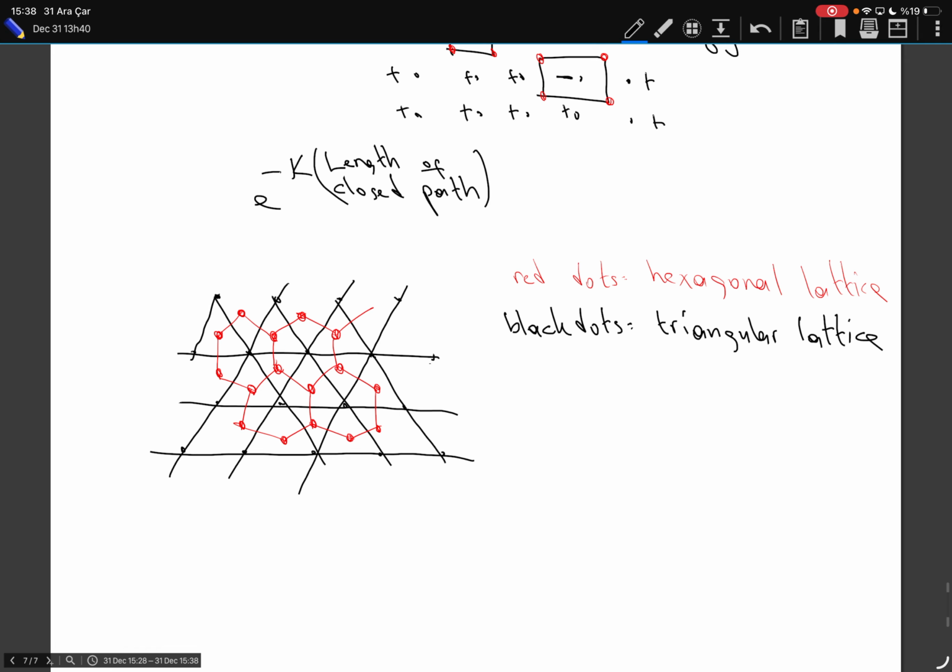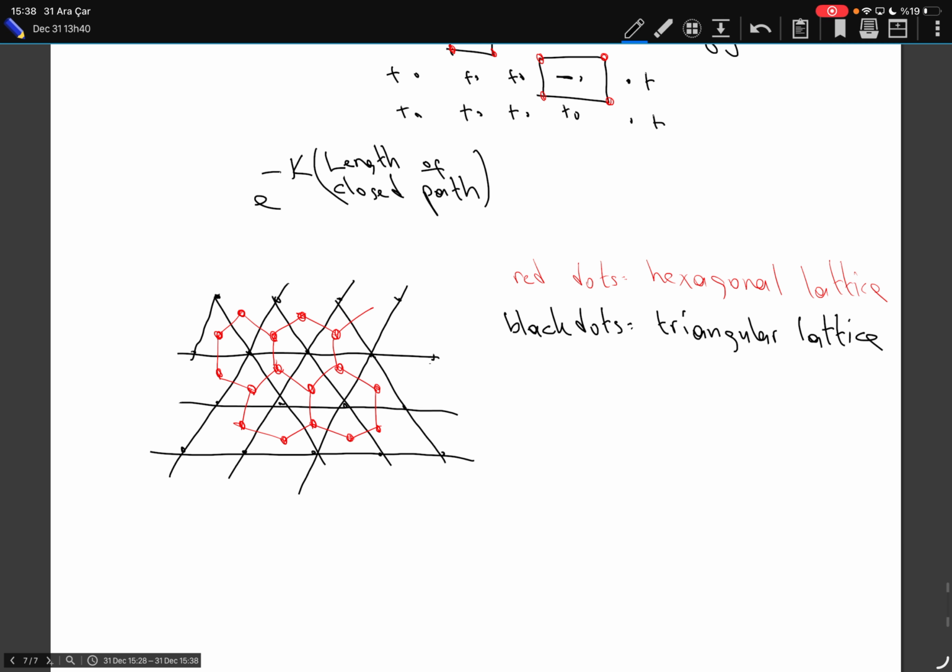So basically what we had done is, in a sense, the low temperature expansion in the triangular lattice is the same as the high temperature limit of the hexagonal lattice, and the high temperature expansion of the triangular lattice is the low temperature expansion of the hexagonal lattice.